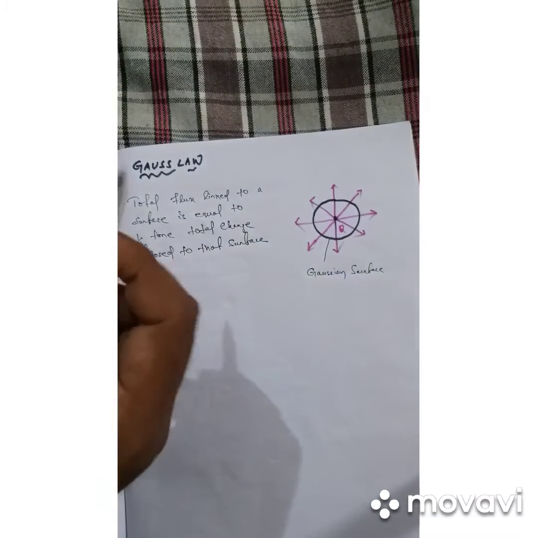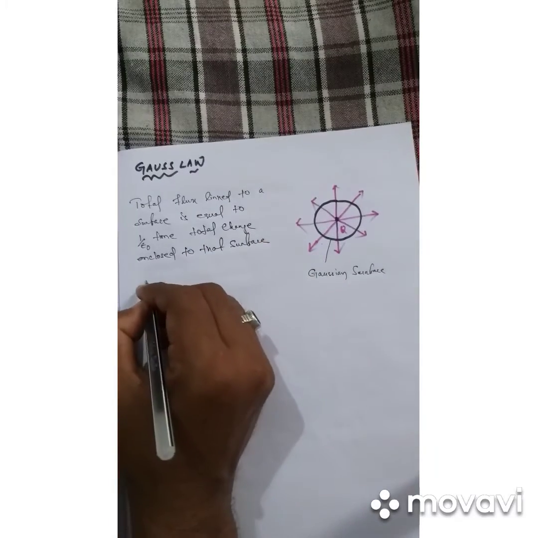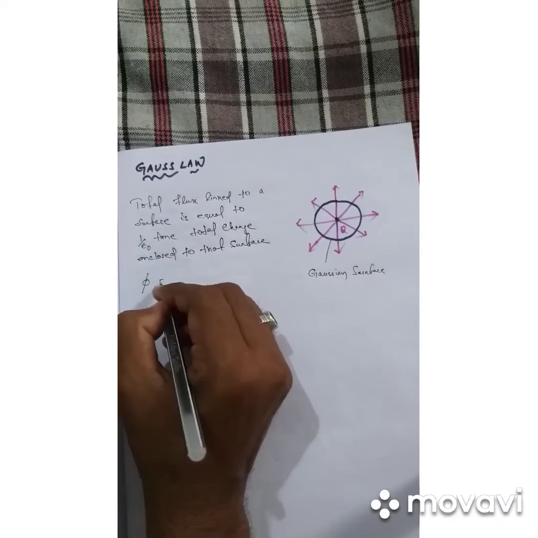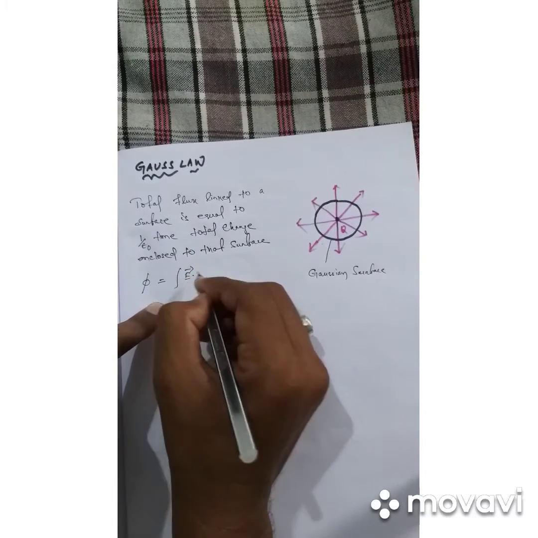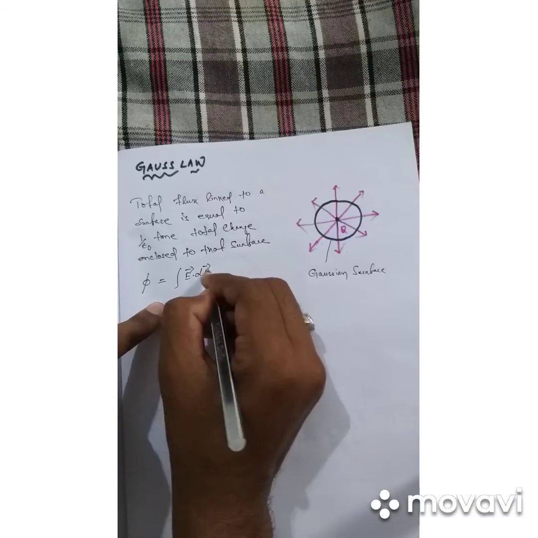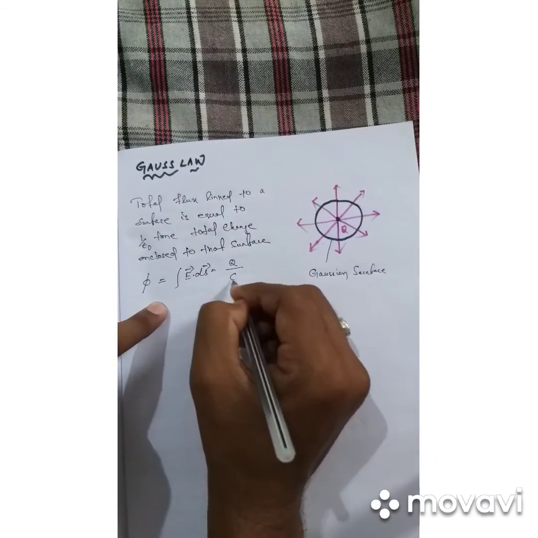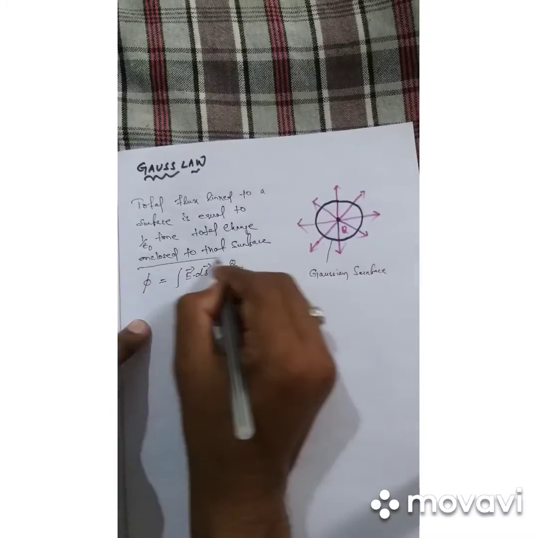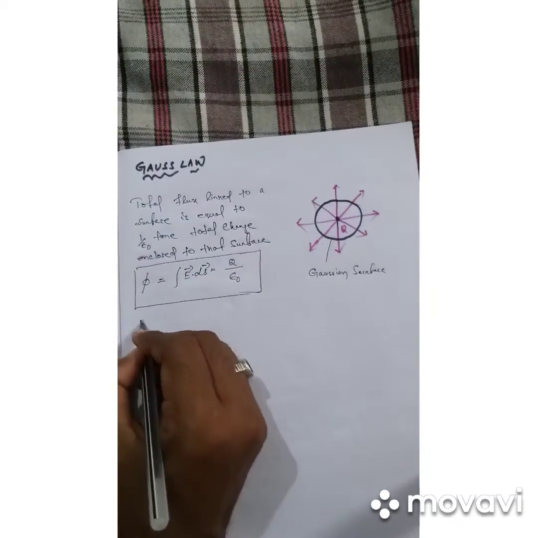Clear? So according to that definition, flux is equal to the surface integral of E vector dot dS vector, which is also equal to q divided by epsilon naught. Hence, proof.